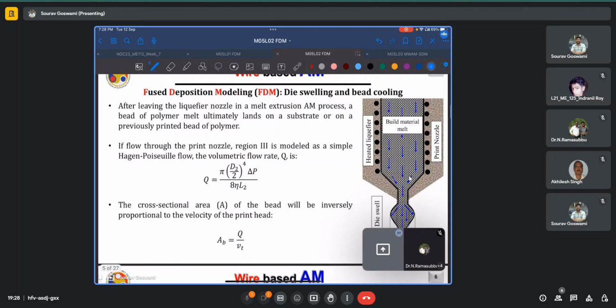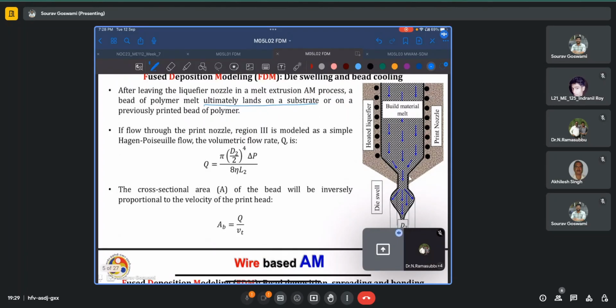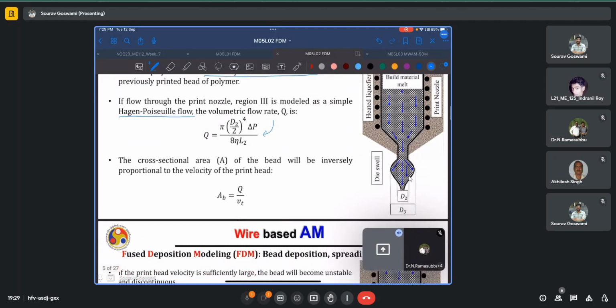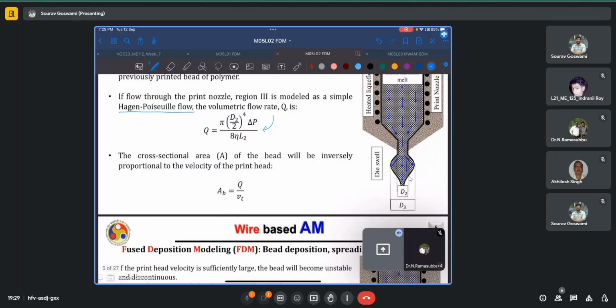Now, once the molten filament material exits the nozzle, it will get deposited on the substrate or the pre-built layer. And if the flow through the print nozzle in region 3 is modeled as simple, again, incompressible flow, so again, assumptions here, the volumetric flow rate can be easily determined by established formulations. And again, the cross-section area can also be determined from the mass conservation and from the flow rate considerations.